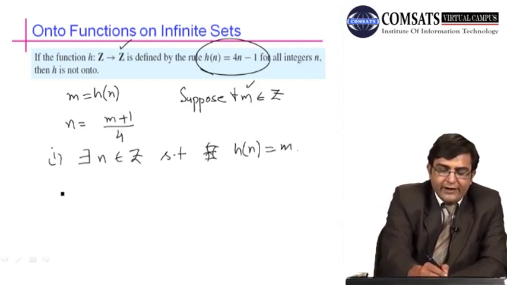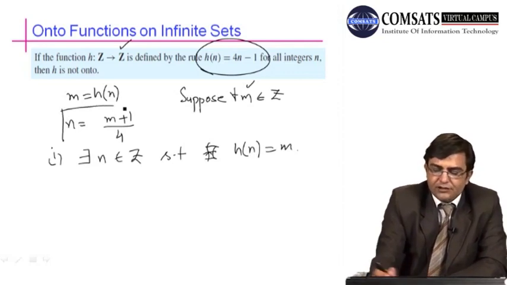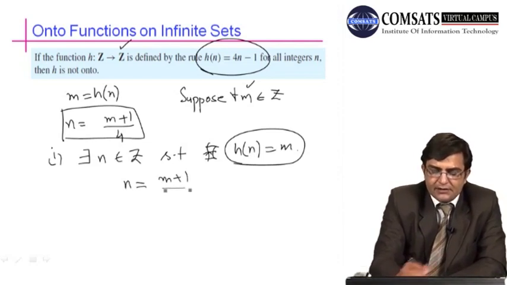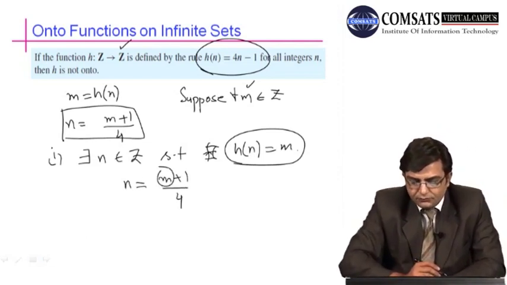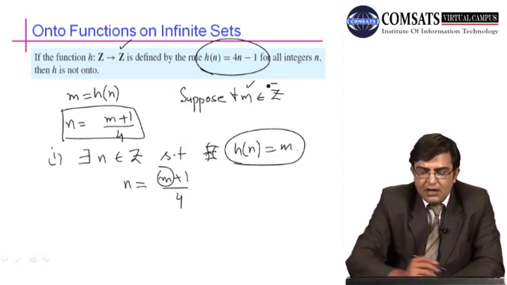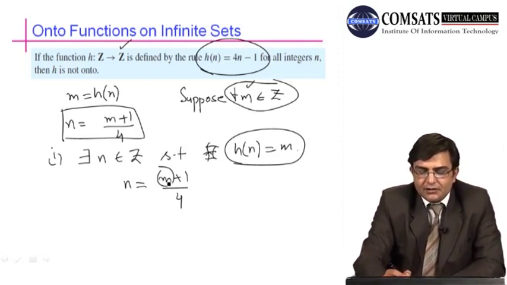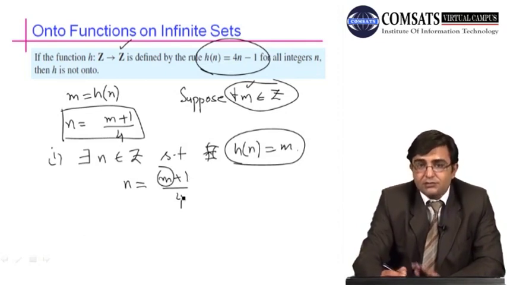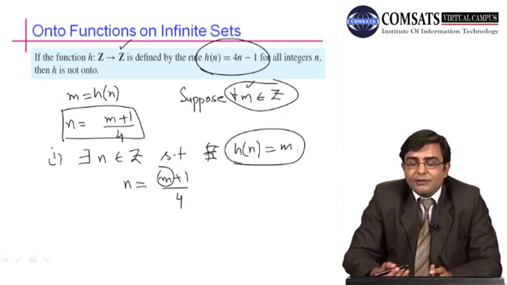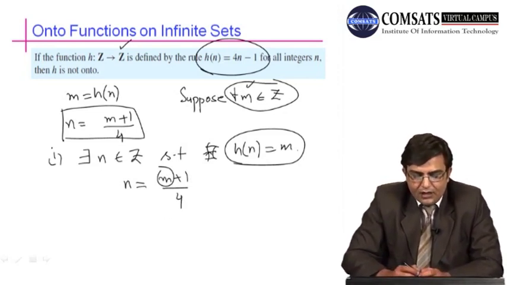So we find n by using this definition. n is what? n is m plus 1 divided by 4. Here m is an integer, because we have taken m as an integer, so m plus 1 is an integer. Now m plus 1 divided by 4, I doubt this number may not be an integer.